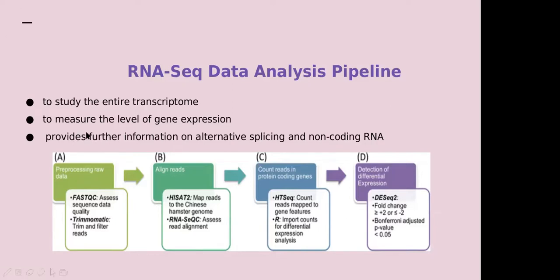This RNA-seq also provides information about alternative splicing and non-coding RNA. Alternative splicing is a similar concept to gene expression, but with splicing at different sites it gives us a lot of isoforms of mRNA.